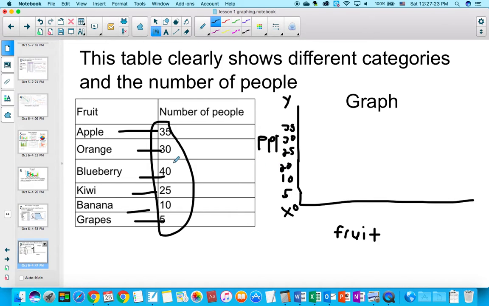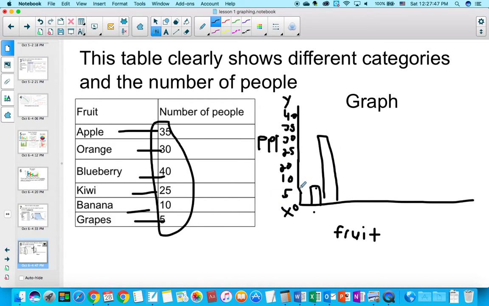Let's do 40. Let's go all the way up. Okay. So now we have a pattern that goes up on the y-axis. And then we can have our apples here. We draw a bar. And then if we had oranges, we'd go up to 30, like so.